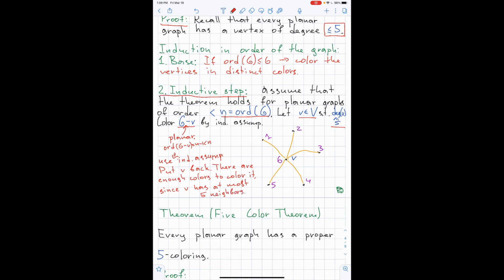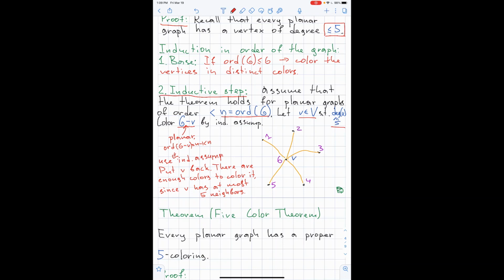So that's it. That means that by induction, we can color the whole graph. So basically, if you think about it, the strategy is as follows. We find the vertex of degree less or equal than 5, we remove it, we color the rest using inductive assumption, and then we put it back.